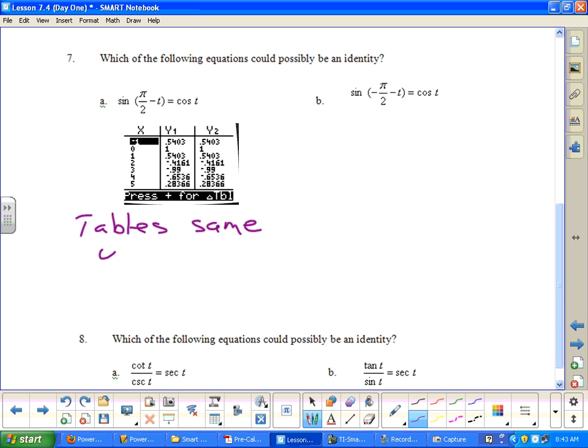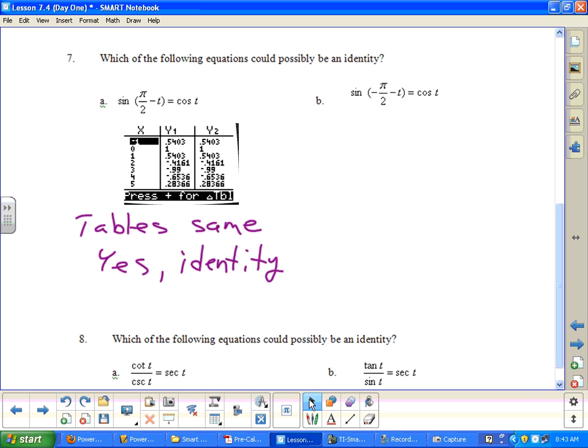So yes, it's an identity. Letter B. All right, so you guys go ahead and do letter B then.